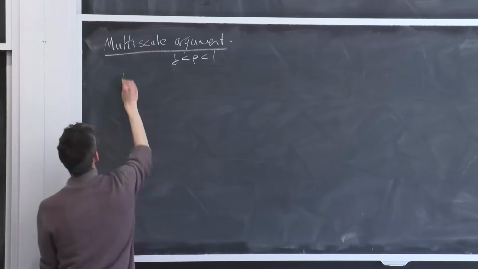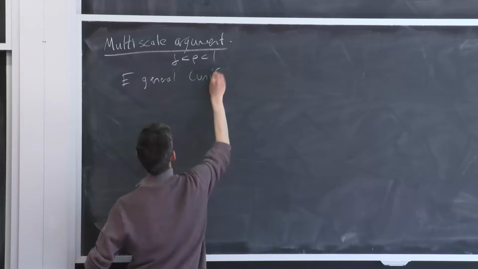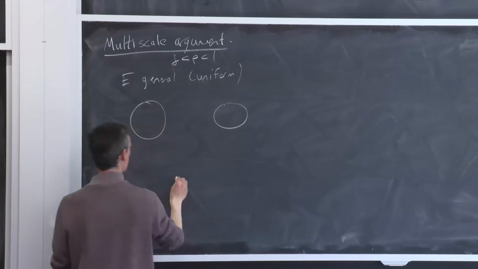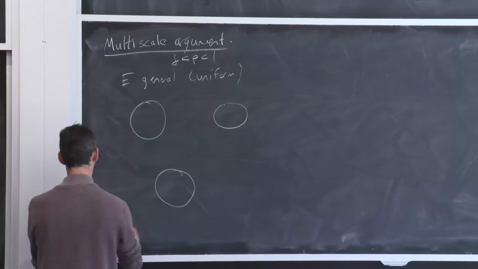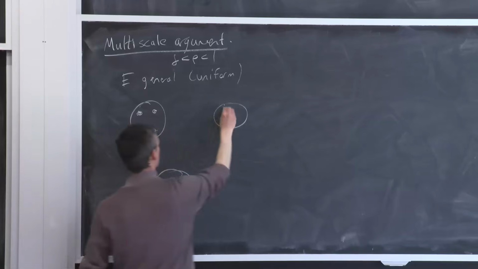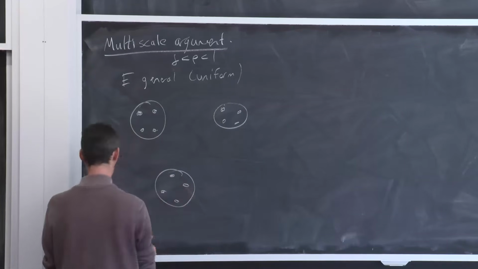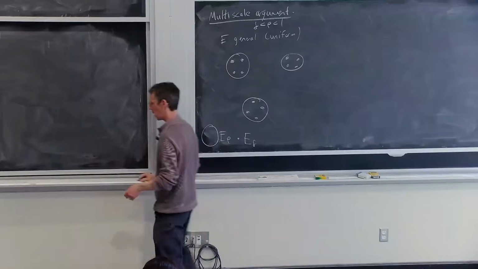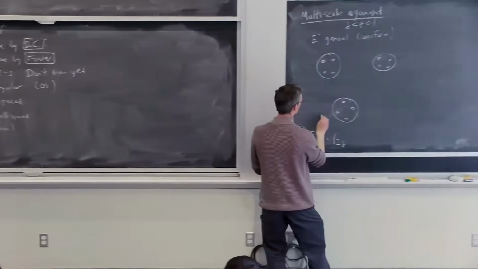So now we have a general E, but it's uniform. And so I think of it as having some rho balls. These circles are E rho. Inside of each rho ball, we have some delta balls. Those are the delta balls in E delta. And we have some fat tubes.